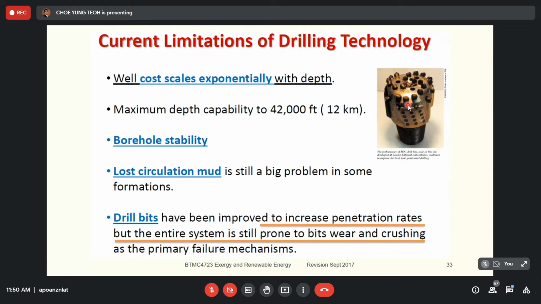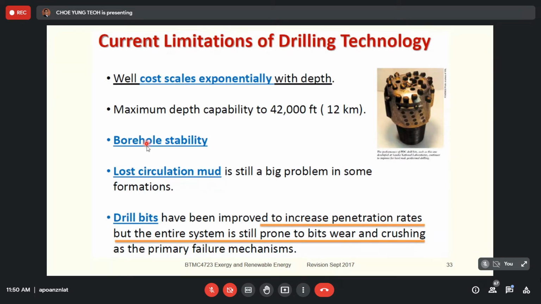So this is mainly the problem. What are the limitations? First, the material that we use, deeper and deeper, is getting softer, very soft.